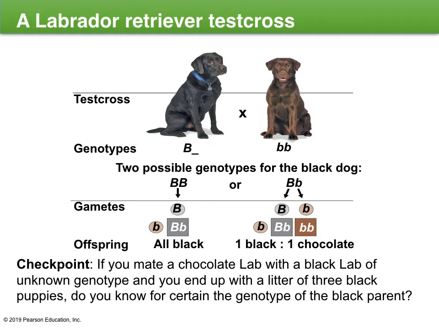So the only way you'd see chocolate offspring would be if that second allele was recessive. If you only saw dominant, then what? This guy was contributing the recessive, so the other has to only be contributing copies of the dominant. So it's kind of neat. It's a way of testing. So for people who are breeding animals, it's useful to figure out just what genotypes you have in the offspring.